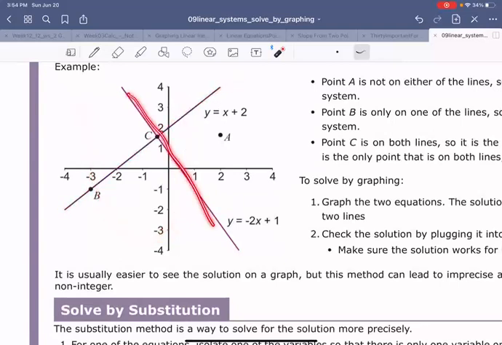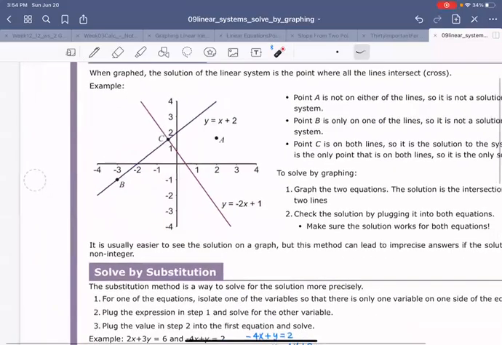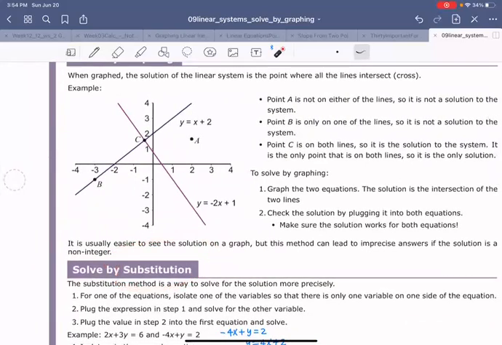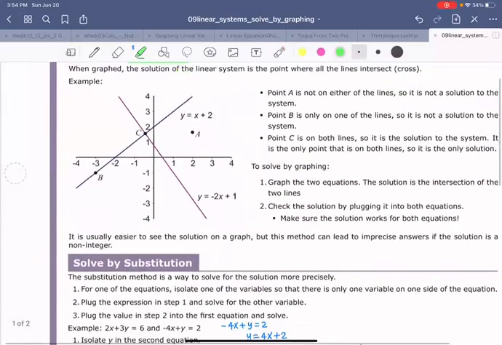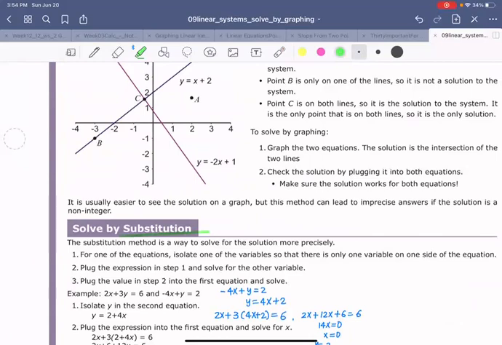Right now everything is linear. You can draw a graph very easily and find the crossing point, or you can plug one equation into the other and solve it. This is called graphing, and this is called substitution.